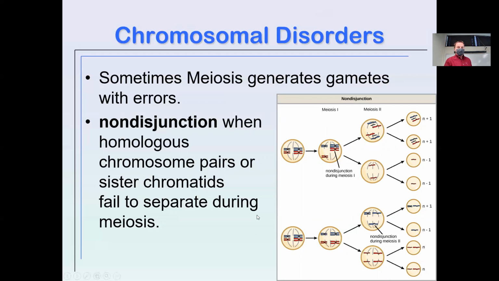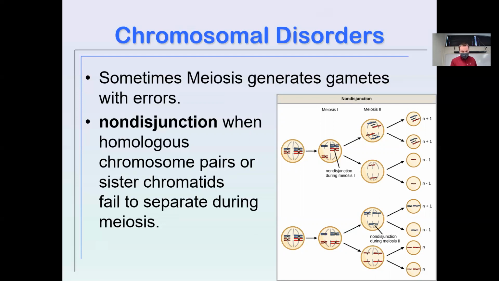What results of that? Most of the time, what we find is with the larger chromosomes. Again, there are 23 pairs of chromosomes: 22 autosomes and one pair of sex chromosomes in humans.